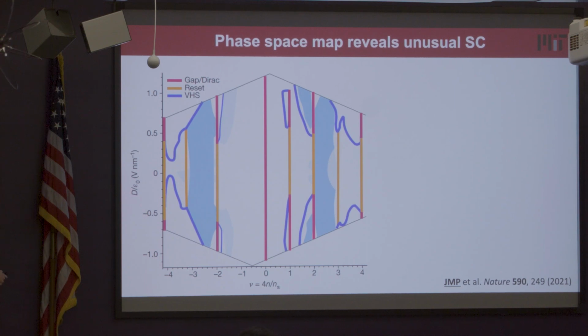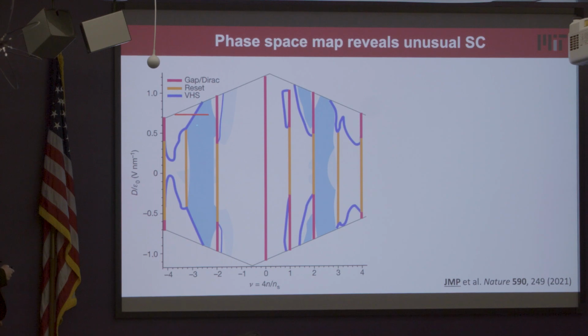Shown here is the same exact phase map, but with the key features in the superconductivity shown in this light blue region, and the hole density features in these color-coded lines. You can find that the superconducting regions are very well bounded by both this blue Van Hove singularity and this yellow resetting feature.